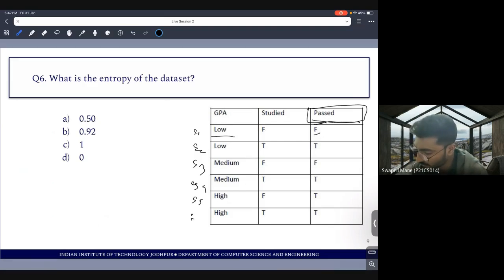Somewhere it is failed, somewhere passed. If GPA is high, it is passed; if medium, it could be failed or passed. And if we look at studied, there are multiple cases: not studied and failed, studied and passed, and not studied and failed.